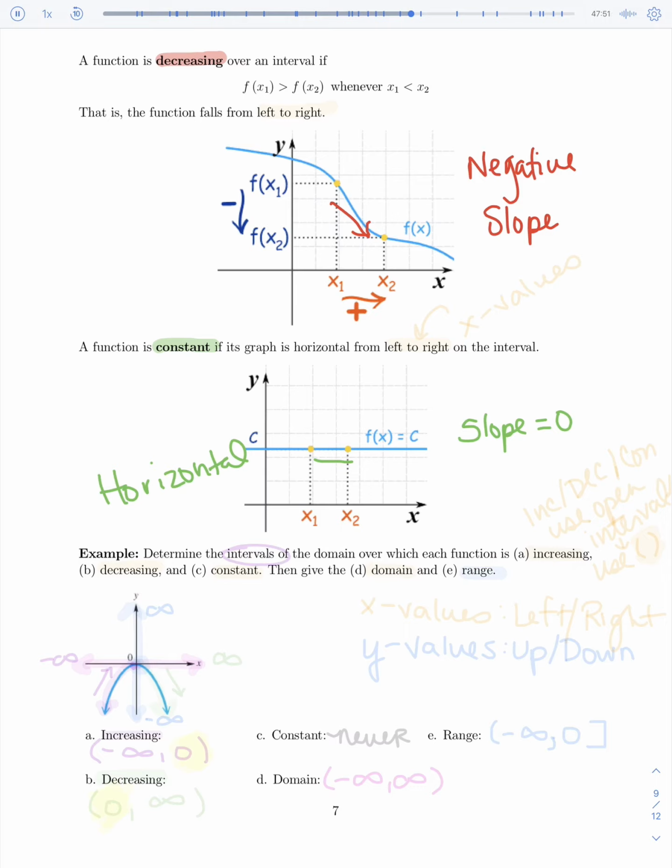Now, what we want to do is talk about how to find out when a function is increasing, when a function is decreasing, that sort of thing.